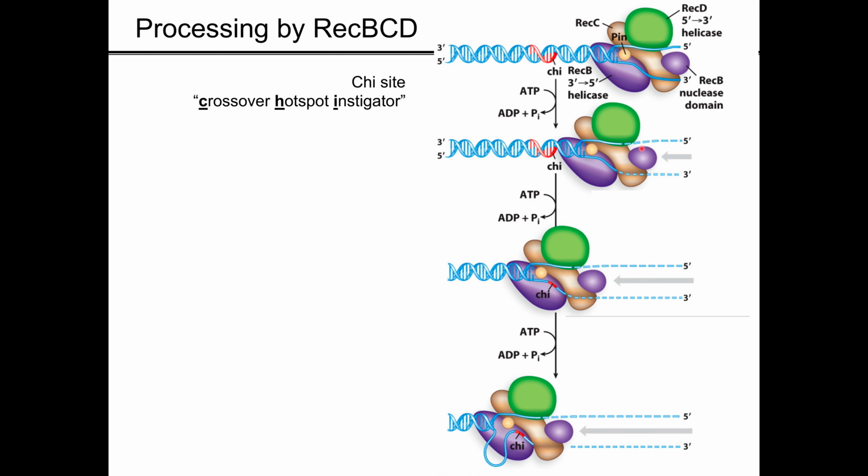What happens is the helicase of RecD moves slightly faster than the helicase of RecB. The nuclease domain of RecB is alternating between cutting the 5' end and cutting the 3' end of the complementary strand. Our diagram is really helpful in that it's modeling the rate at which these DNAs are cut.